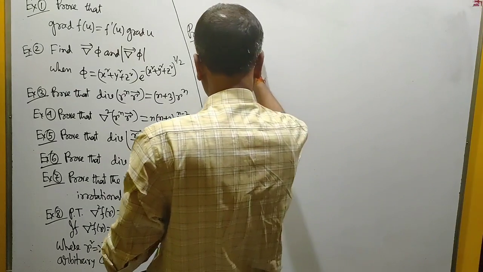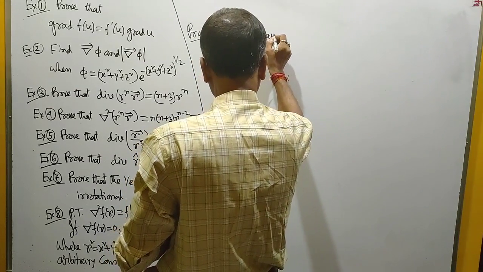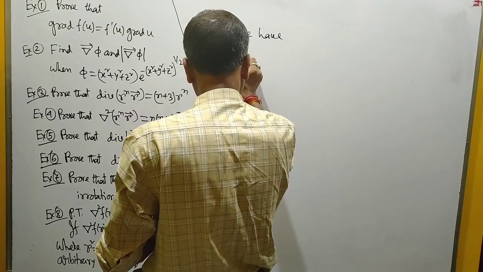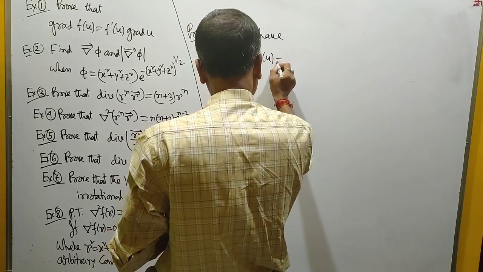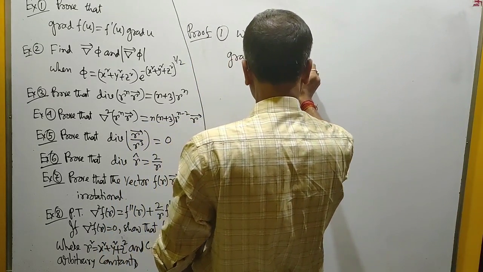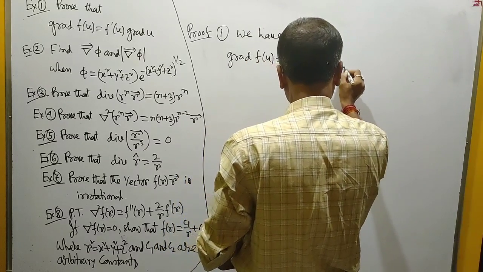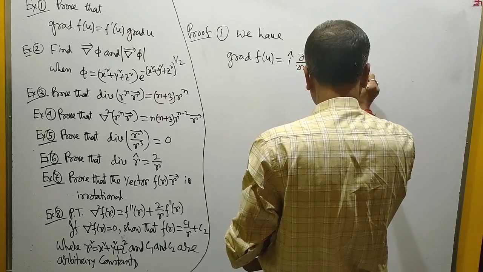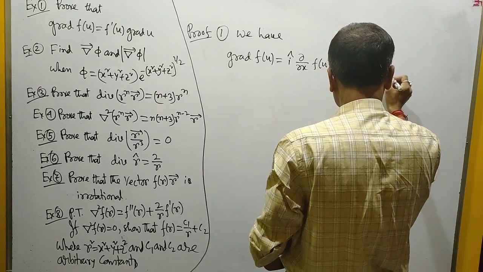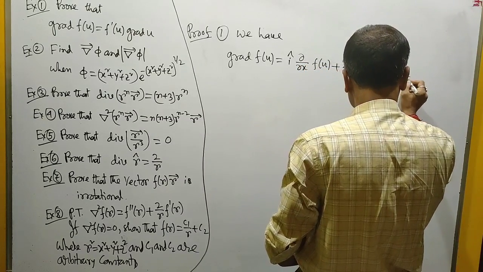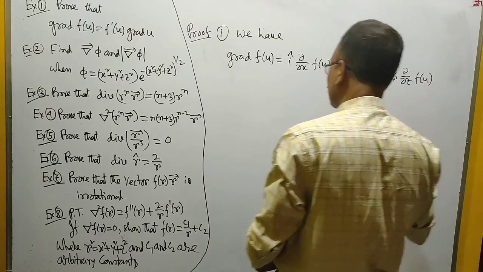Therefore, we have gradient of f(u). This is equal to i cap ∂/∂x of f(u) plus j cap ∂/∂y of f(u) plus k cap ∂/∂z of f(u). You will get this one.